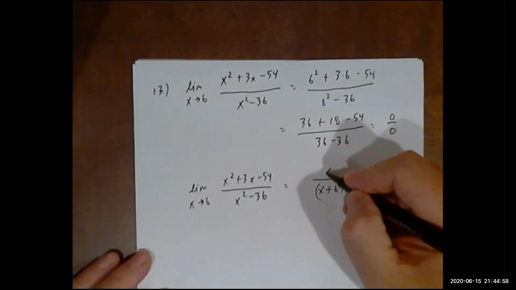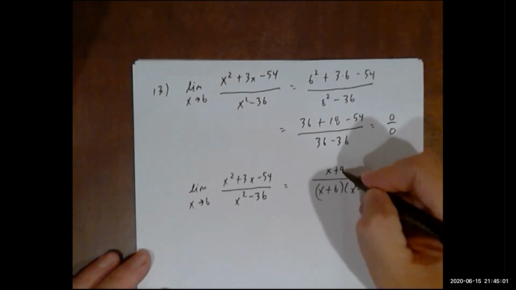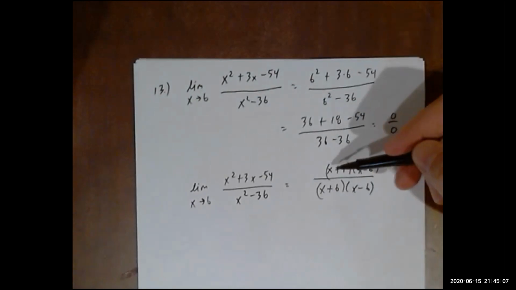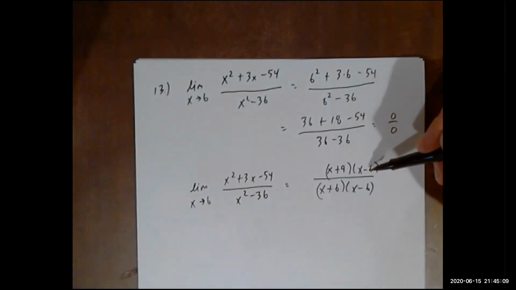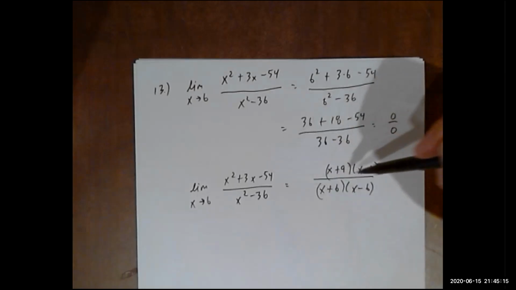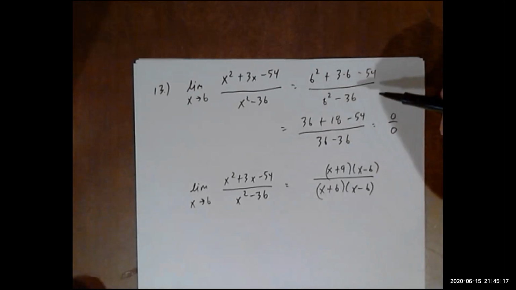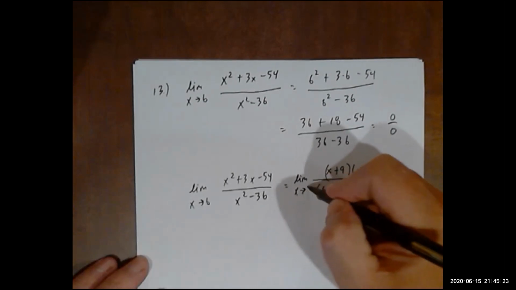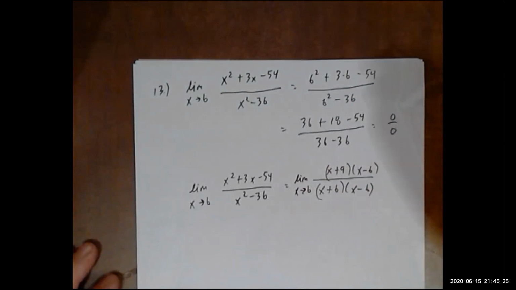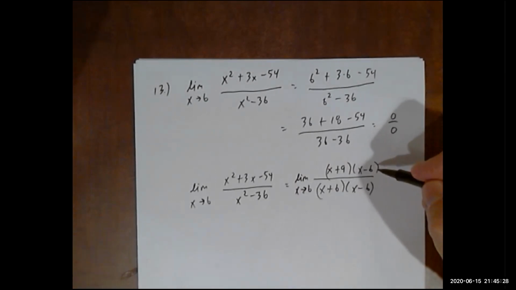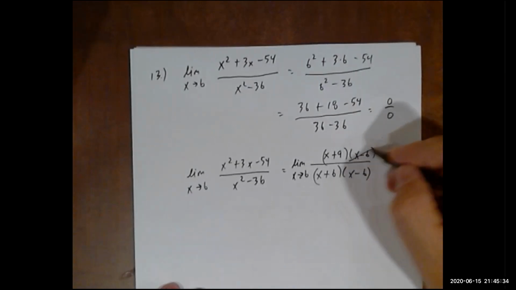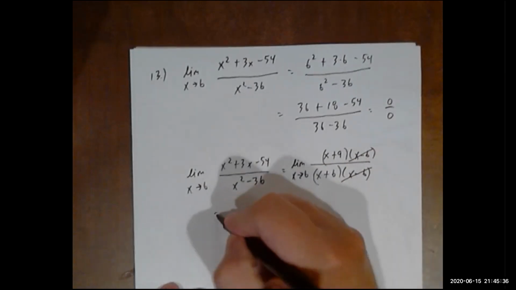And just because I've done this enough, I believe it should be x plus 9 times x minus 6. Because 9 times negative 6 is negative 54, but then 9 plus a negative 6 is 3. I've now factored this. And I notice I have identical parentheses as factors in the top and the bottom. I can actually cancel out the whole parenthesis.